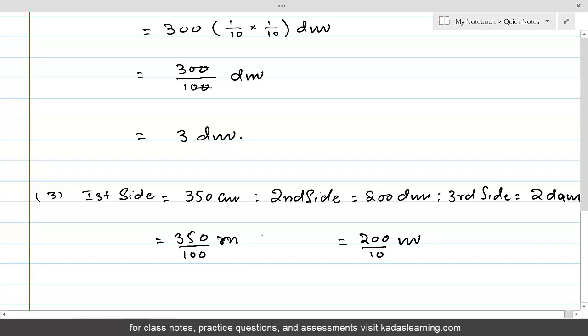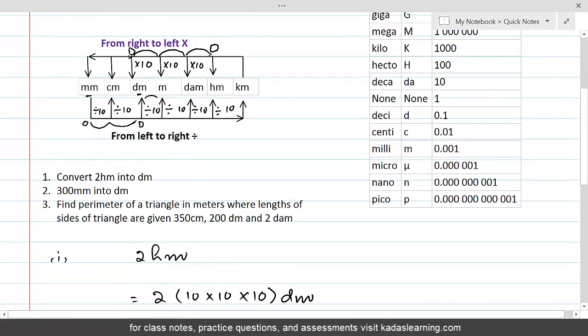Similarly, the length of the third side is given in decameters. Again take a look at the table of conversion. To convert decameters into meters, you will be moving 1 step toward the left. Therefore, you will be multiplying by 10.